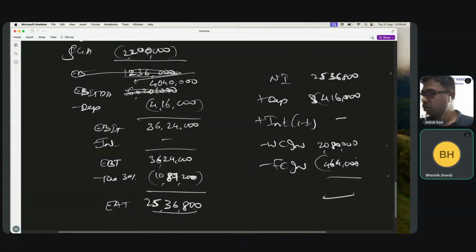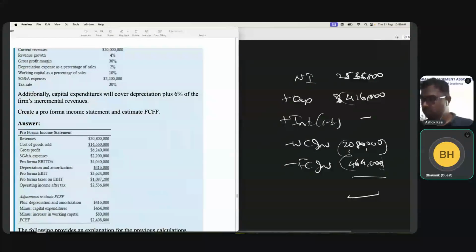Now you calculate. Yeah, it is all matching. Working capital, they said 80,000.